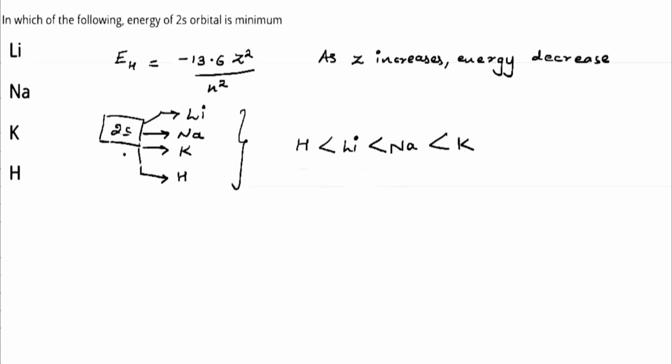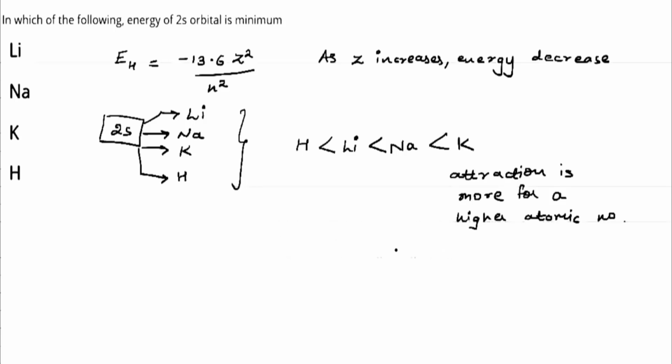So, for the electron in the same orbital, the attraction is more for a higher atomic number. Now, as the attraction increases, the energy decreases.